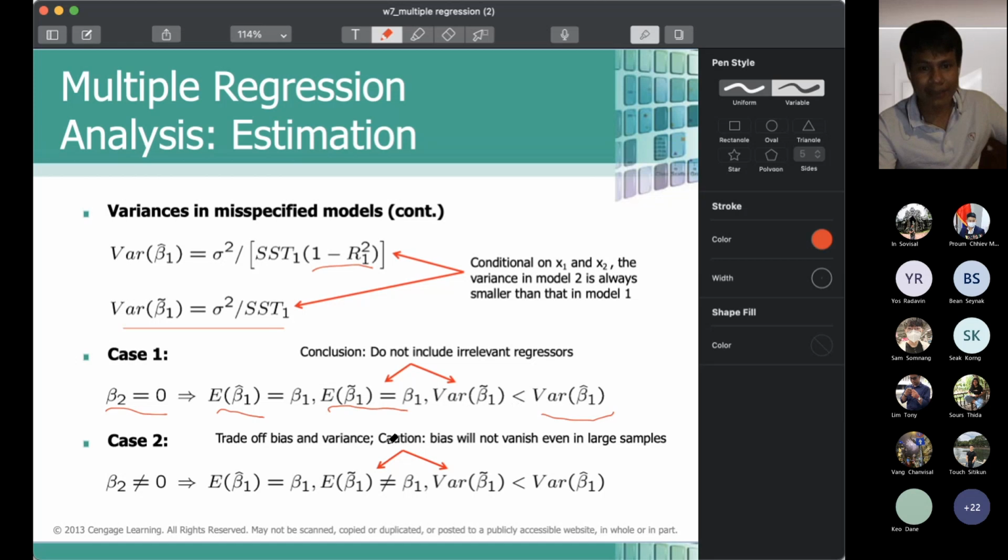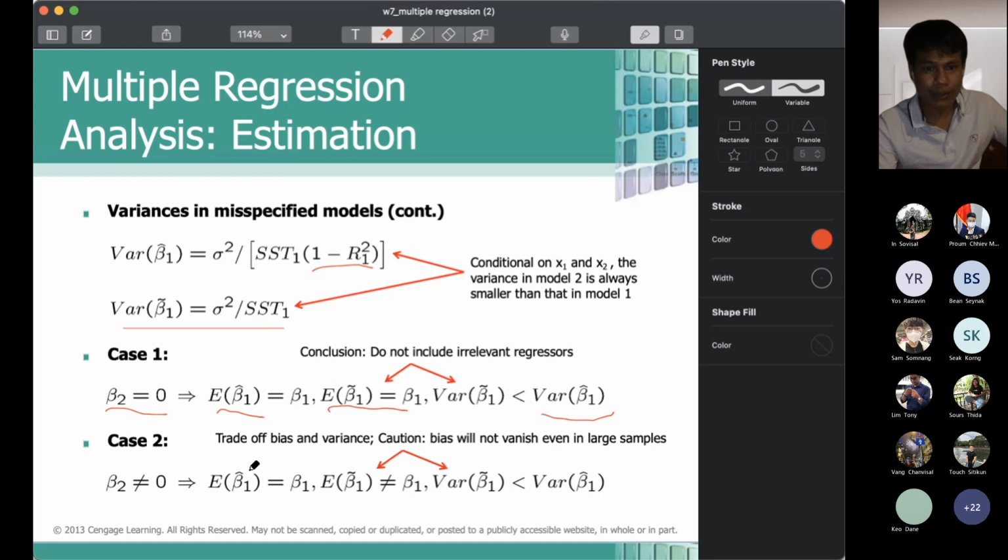Case number 2. So in this case, should you include a relevant variable? Case number 2 is a trade-off between bias and variance, between multicollinearity and omitted variable.